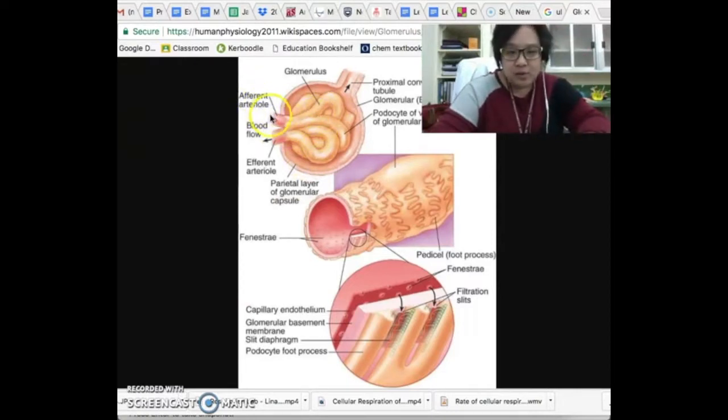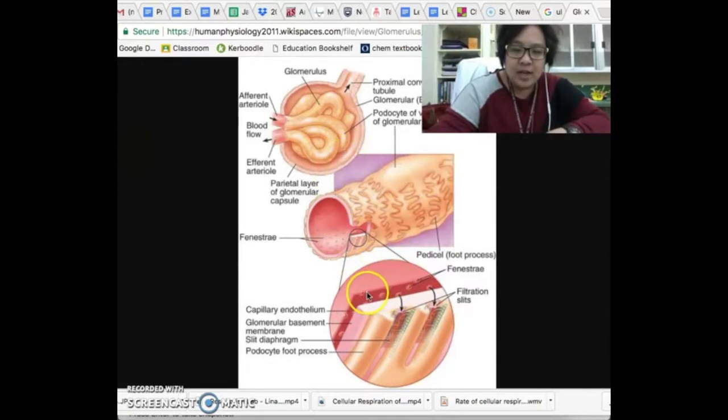This was your artery, this was your glomerulus, and then your renal venule, renal vein. If I zoom that in, from the capillary, from the glomerulus to the Bowman's capsule, it has not just one, not just two, but three layers that blood needs to pass through before it can get into the Bowman's capsule.